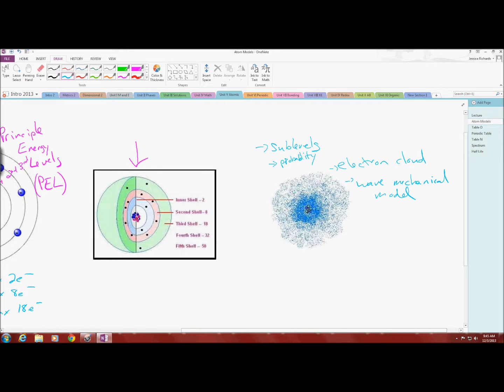It's a lot more physics to explain this model, to truly understand what the electrons are really doing. This model, this simplification, tends to be the one that we use to explain chemical reactions. Okay, but they want you to know what the real model looks like.